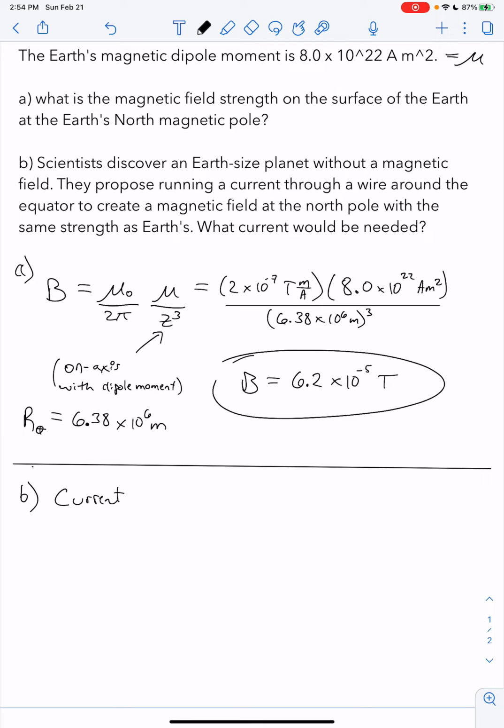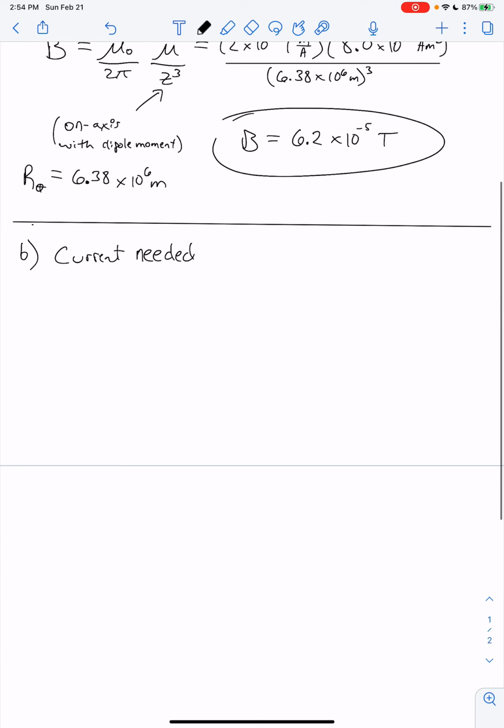Well, let's remind ourselves what the relationship is between a current and a magnetic moment. So we've got our mu, and that can be equal to the area of the physical cause of the moment and the current.